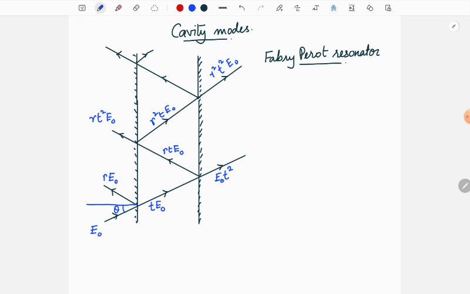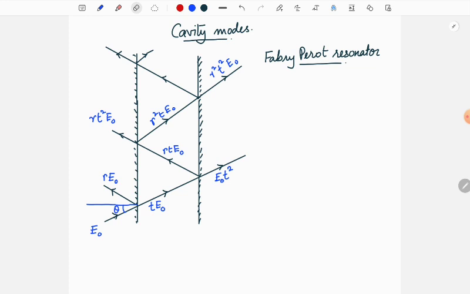We can keep on naming them. So this is one part of it, how the intensity is changing per internal reflection. It reflects and some part gets transmitted, and as we go from one ray to the next adjacent ray, we see that we pick up a factor of r square.